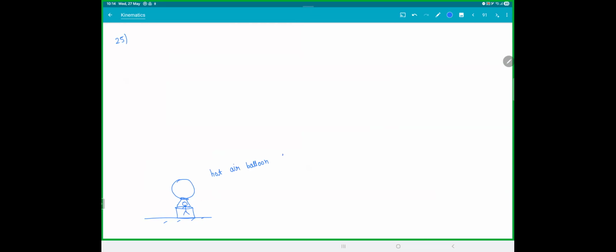So this hot air balloon goes up with a constant acceleration (2 meters per second square). So initially it was at rest. The balloon is going up with an acceleration 2 meters per second square.